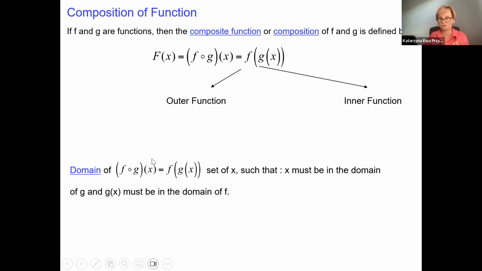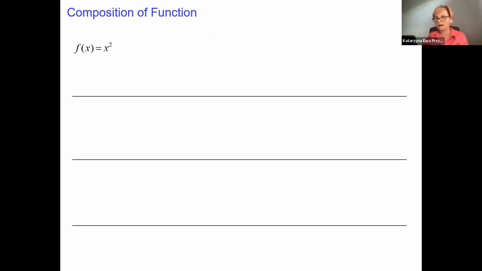Just the theoretical notes. What I wanted to do is give you two functions and ask you to get the composition. That means, what will be the formula when function f is x squared and g is sine of x, and now I would like to make the composition f compound with g.